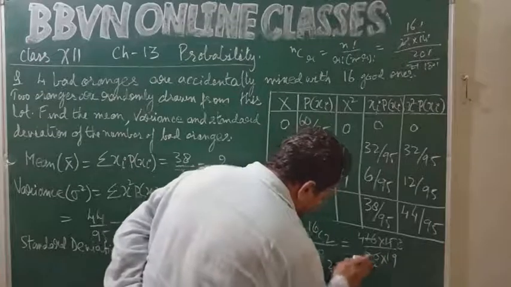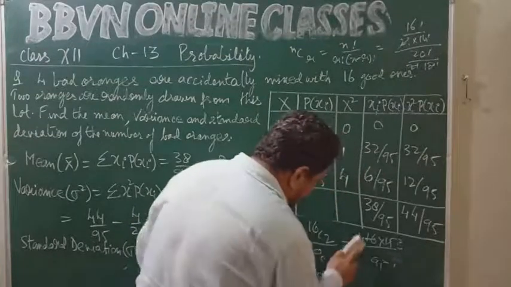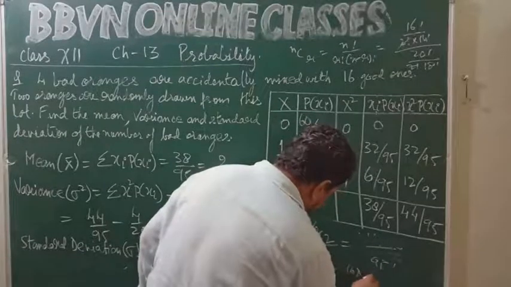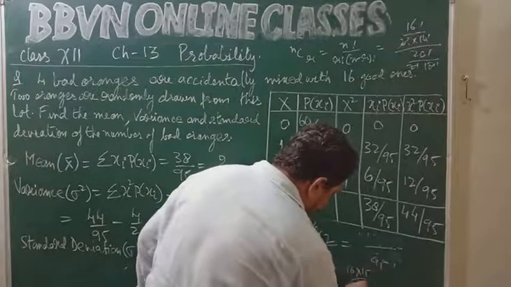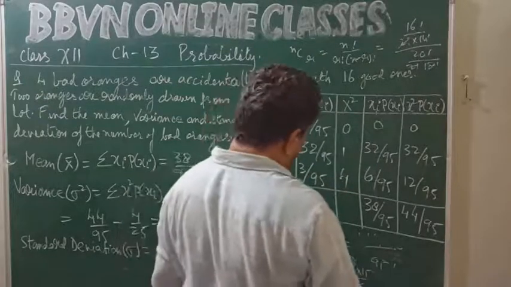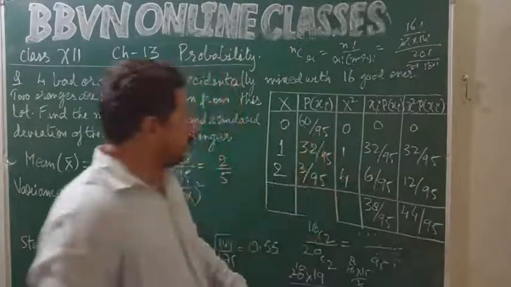So this denominator becomes 95 and numerator is 16 into 15 upon 2, 8. So we got 60 upon 95.